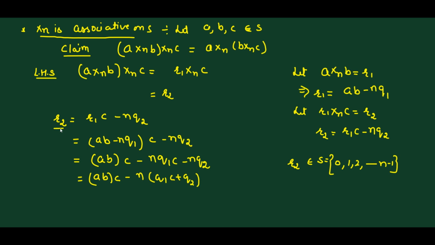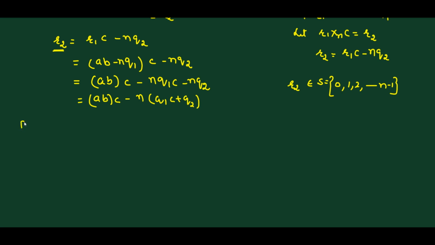Mind that the left hand side is a remainder, a number lying between 0 and N minus 1. Now we will calculate the right hand side. So consider the right hand side.